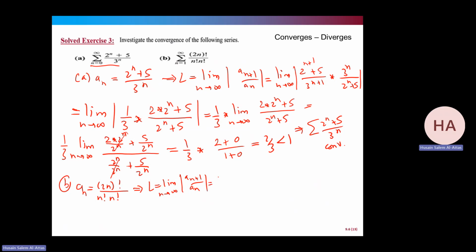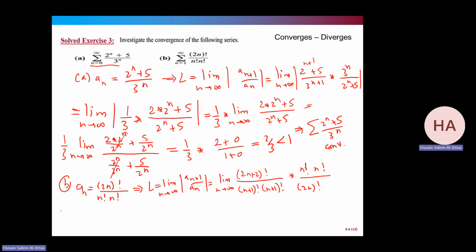I don't need the absolute value. I'll be careful here. I take n as n plus 1, so that will be 2n plus 2 factorial over n plus 1 factorial times n plus 1 factorial, times the reciprocal of that, n factorial times n factorial over 2n factorial.